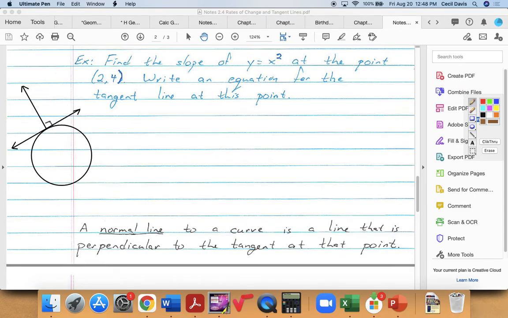Like so. So this is the tangent, and this is the normal. And again, it has uses in lots of different engineering and physics applications.